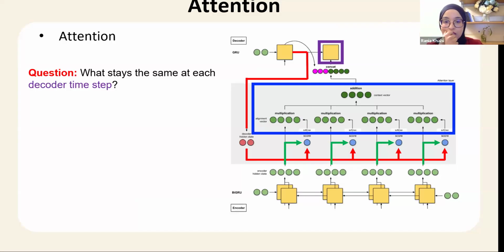What does not change here? Something that is not updated.